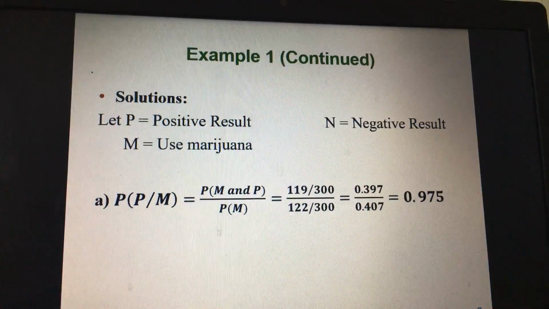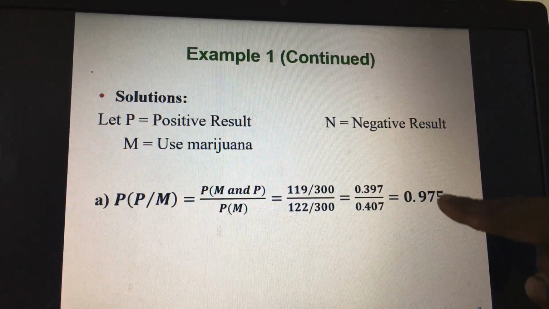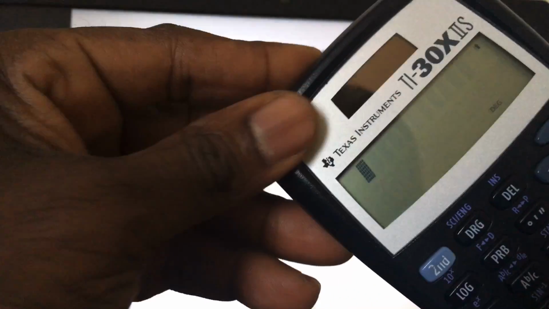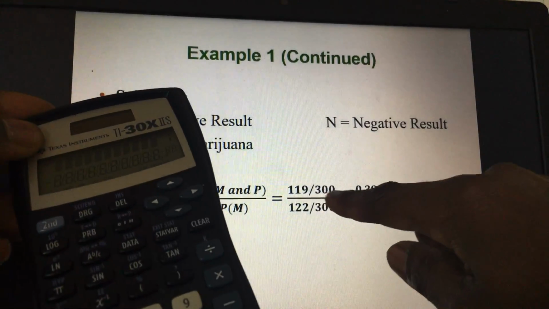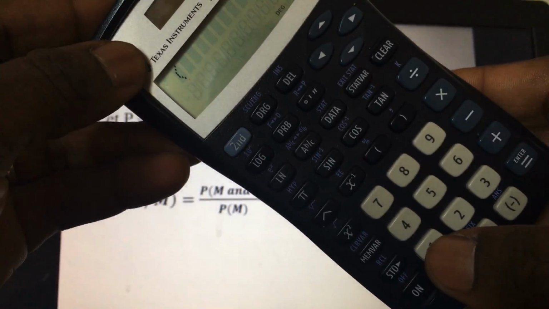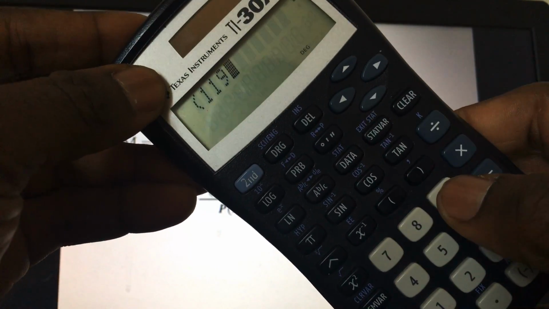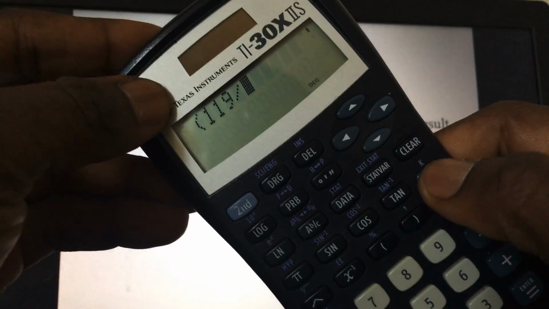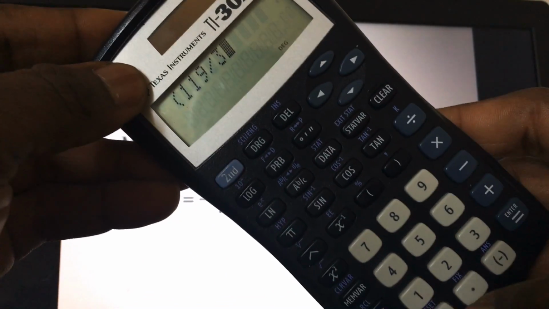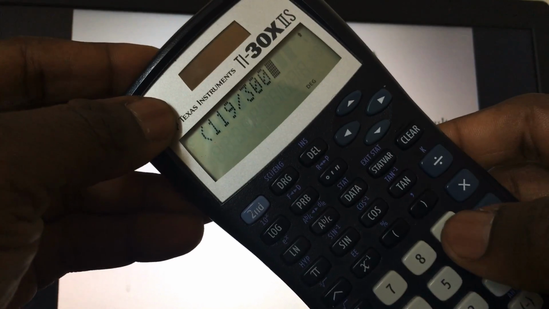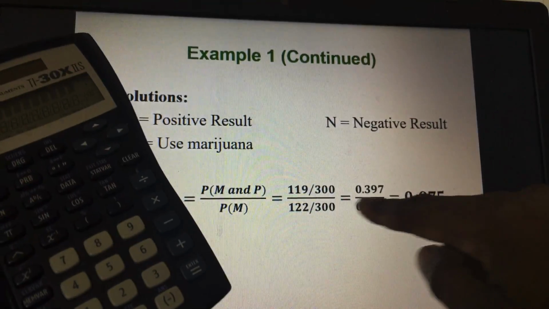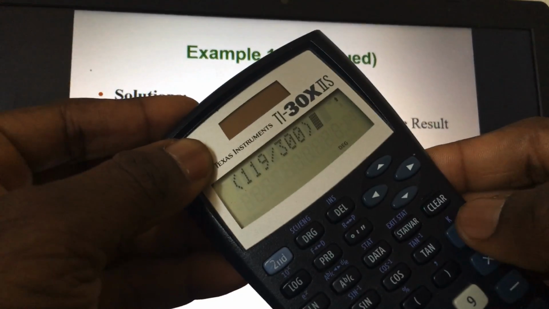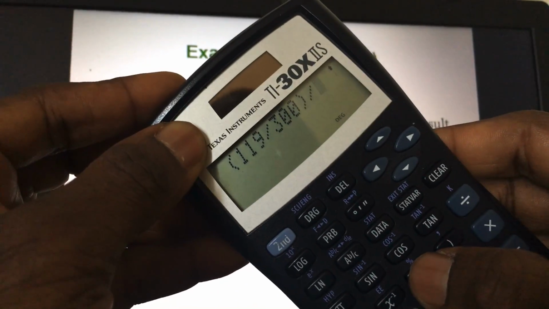Now you simplify this. I will show you how to get the answer with my calculator. Again, the use of parentheses becomes important. I open the parenthesis, 119 divided by 300. I close the parenthesis, then put a division sign and another parenthesis.